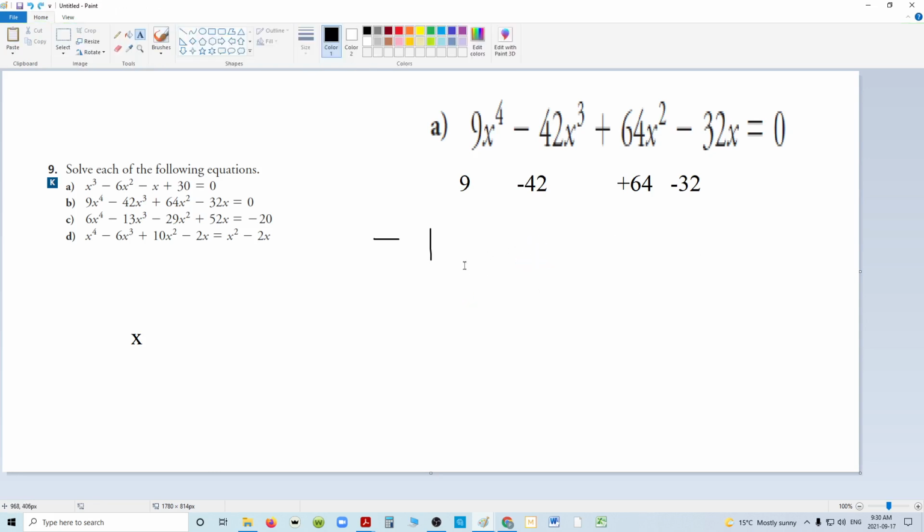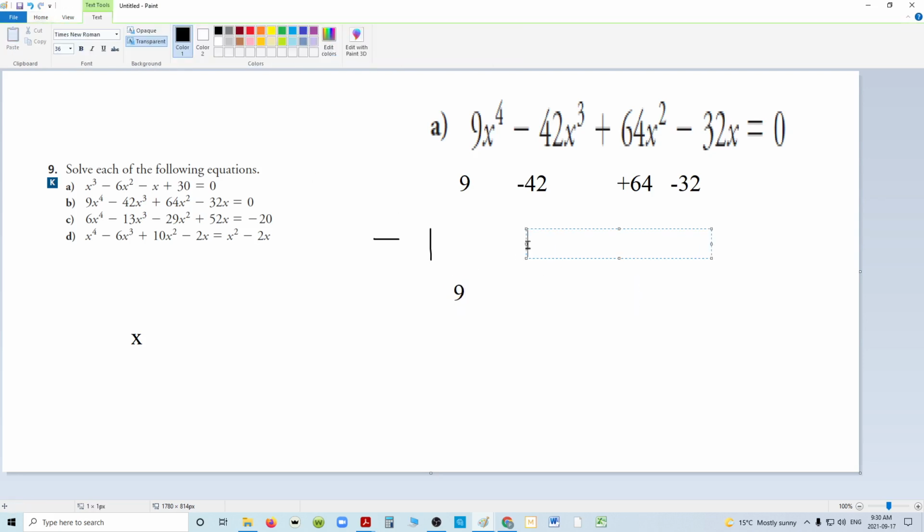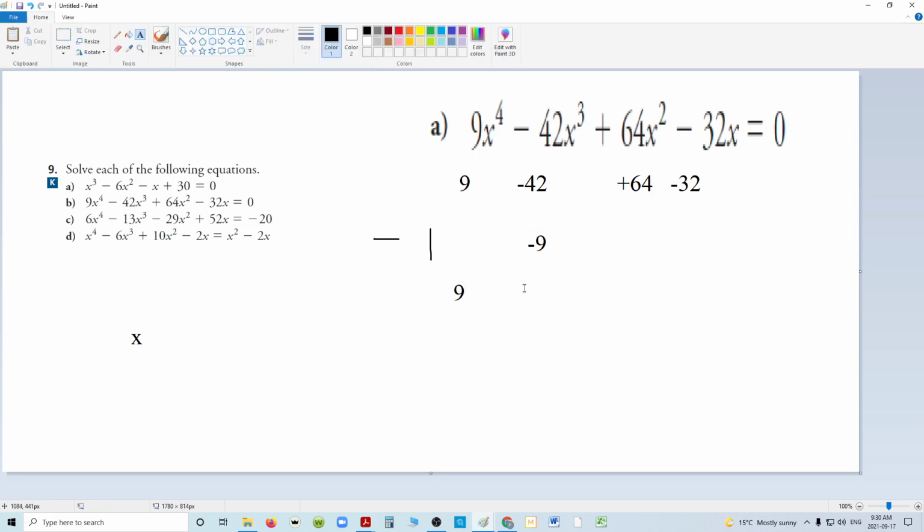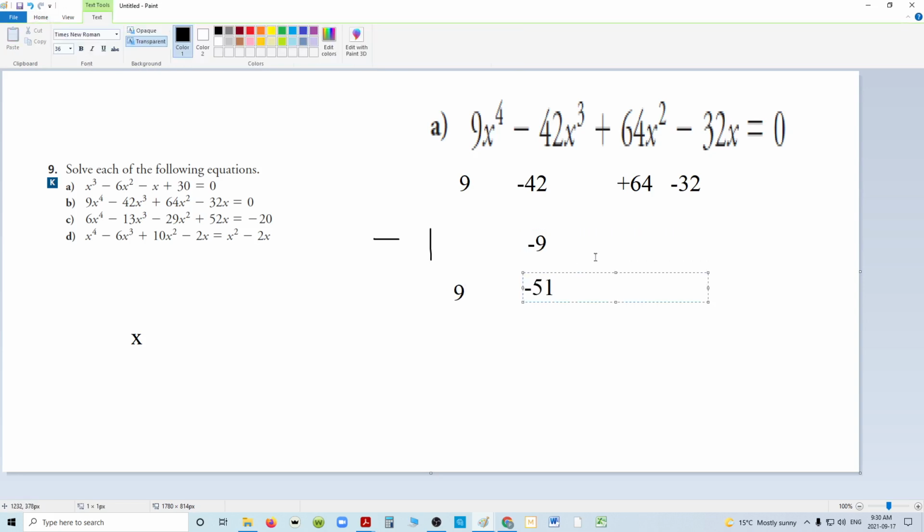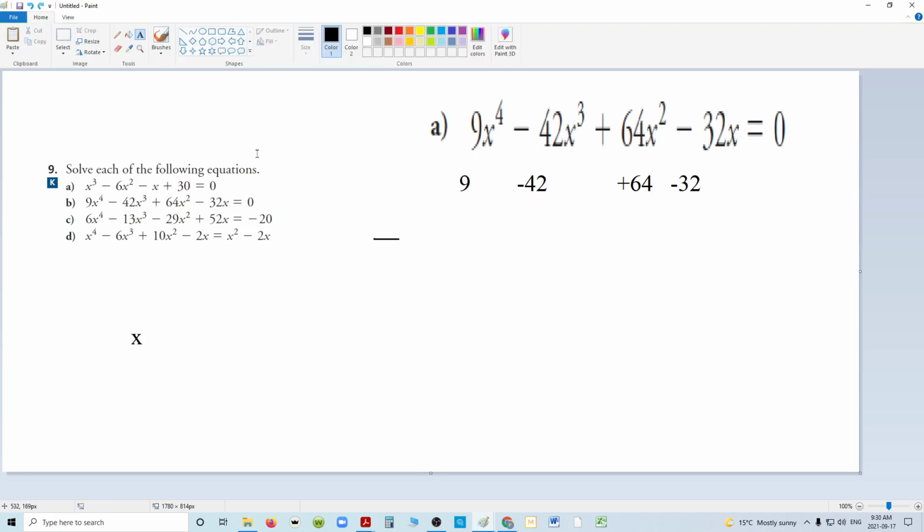Oops. That's 9. Times minus 1 is minus 9. Minus 51. I can see it's not going to work out already. I'm left with 105 here, so that's not going to work. So let's try 2.